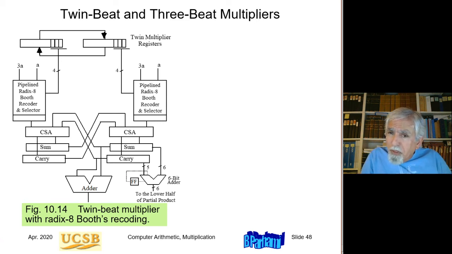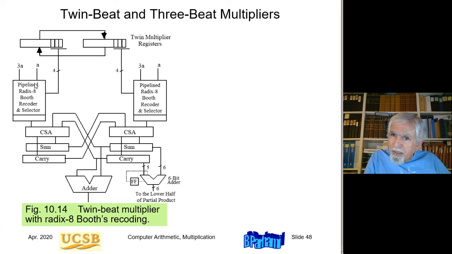Of these multiples, all are easy multiples except for 3 times A and -3 times A. Okay? So this particular multiplier, the designer of this multiplier, decided to pre-compute 3 times A, store it in a register here. Once we have 3 times A, then whenever we need 3 times A, it's available to us. And here's A, and based on which we can form 2A and 4A.